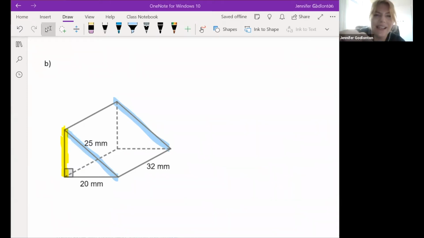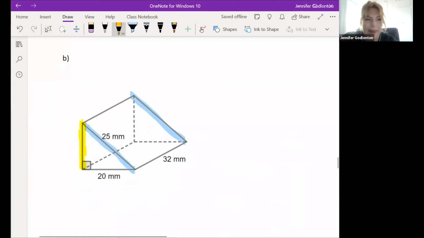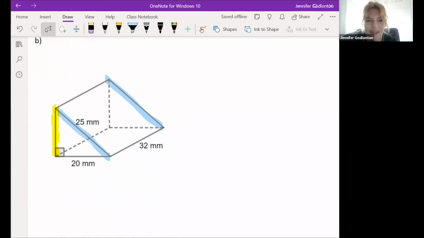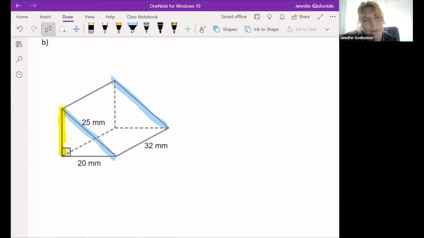Okay, Burlington, talk us through how we would start this question. Hello, ma'am. Since we'll be using Pythagoras, I'd like to say 23 squared plus 20 squared. For labeling the other side, I used AB.